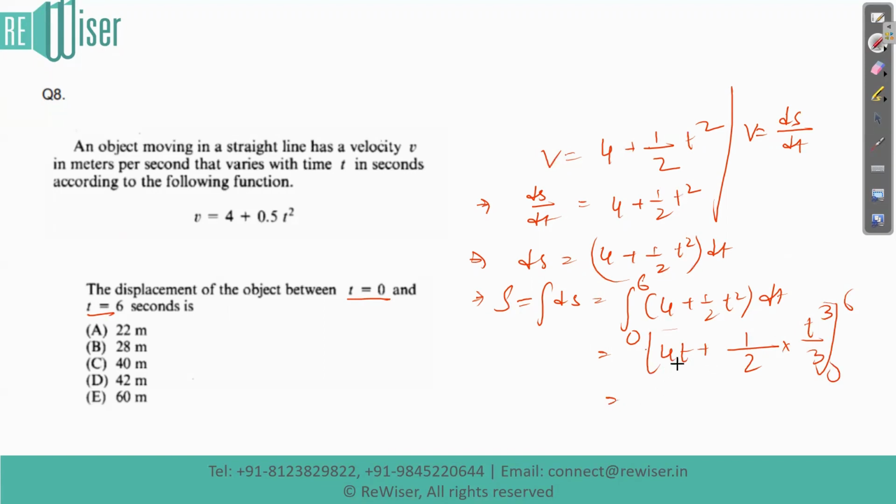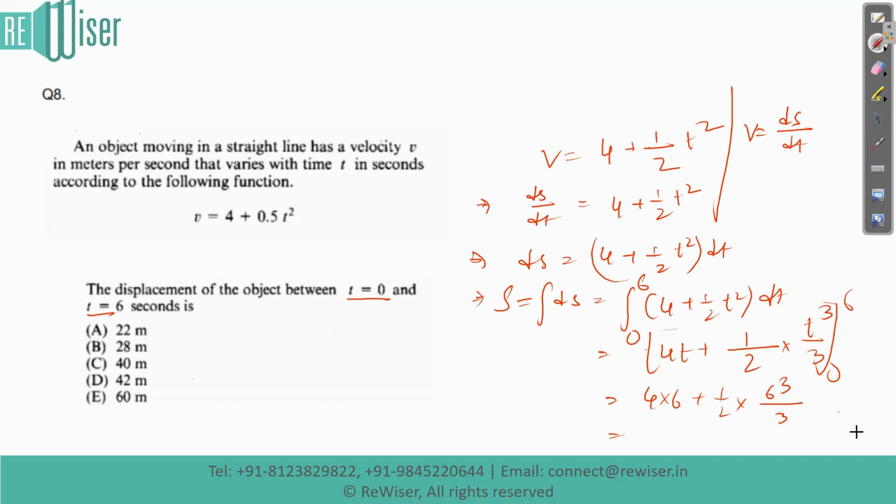So if I put 6 in place of t, 4 into 6 plus half into 6 cube by 3. The rest will be 0, because if I put 0 in place of t, the whole term will become 0.